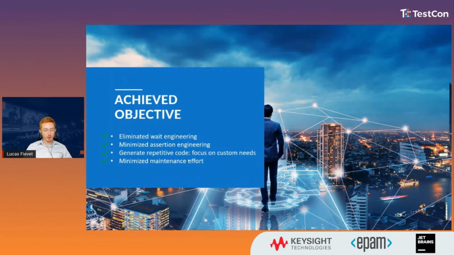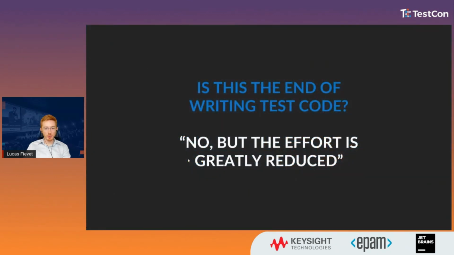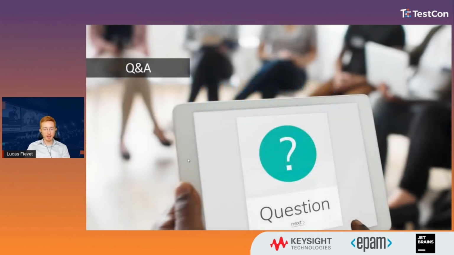So we achieved the 4 goals we set ourselves: eliminate the wait engineering to get really stable screenshots, minimize the effort to create assertions for entire parts of screens of the application. There's no need to write repetitive code, and maintenance effort is minimized to cases where really the whole workflow would have changed. So, is this the end of writing test code? No, but the effort is greatly reduced.